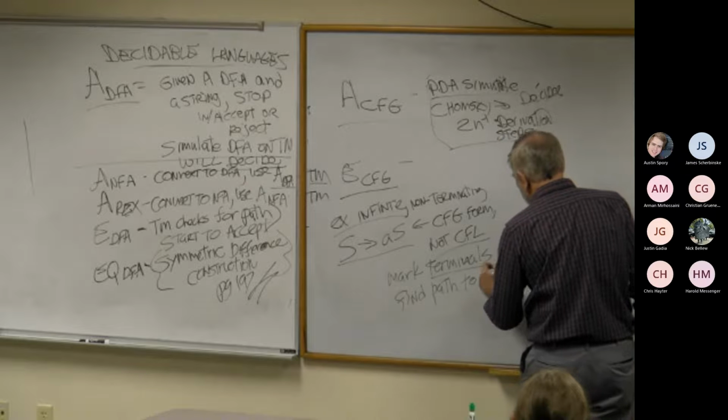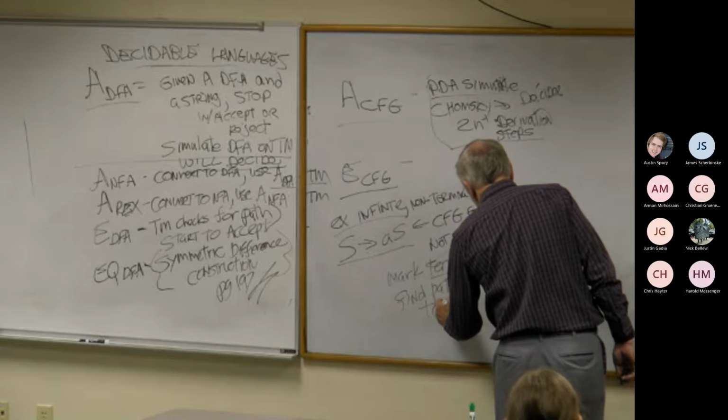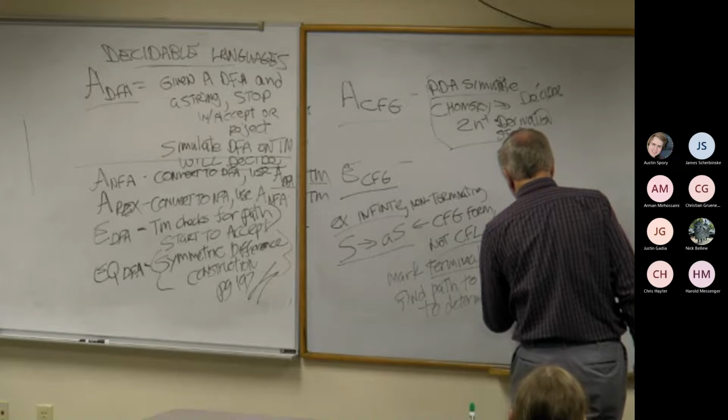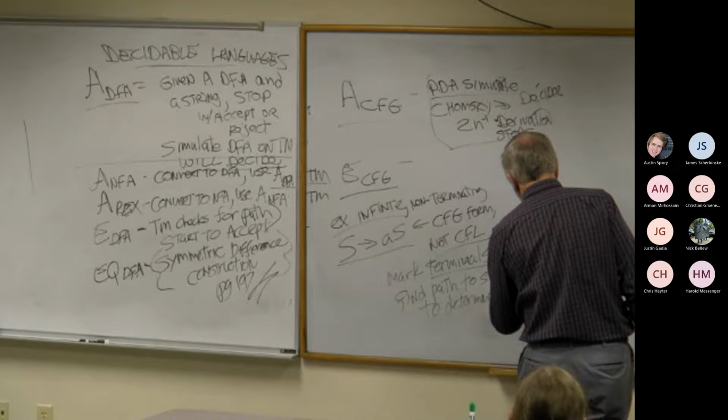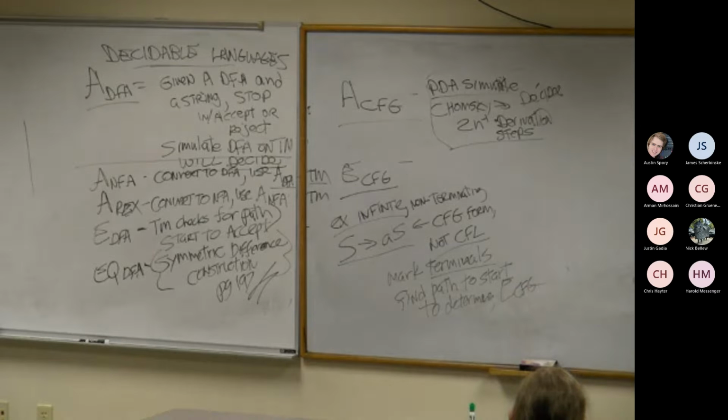If there is no path to the start, you can't get back to the start symbol, then the language defined by the CFG would be empty, have no members in it. Or in other words, it would be the null set. The language itself has no strings in it.